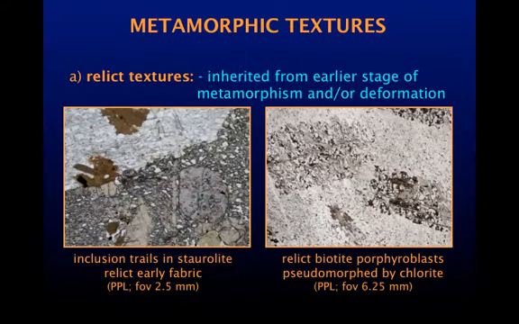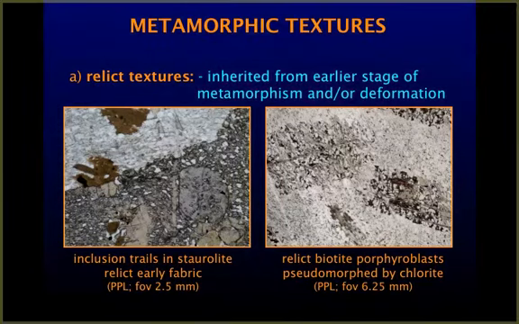Here are some relic textures. On the left, you see inclusion trails in staurolite. So these inclusions in the staurolite are left over from an earlier fabric in the rock. And the new growth of the staurolite preserved that older fabric. We can also see relict biotite porphyroblasts.